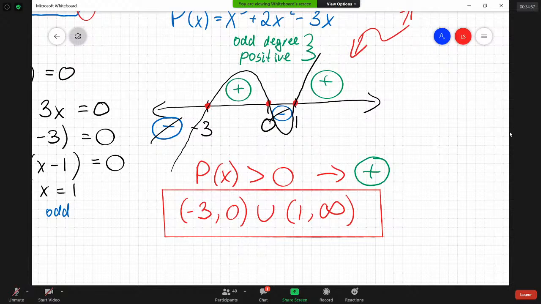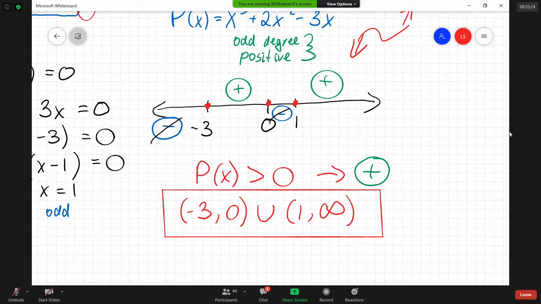So every time we have an odd multiplicity 0, that means our sign will switch. Every time we have an even multiplicity 0, our sign will stay the same. So for odd, they switch. For even, they stay, based on what we discussed when we were graphing polynomials. It would switch at every odd zero.